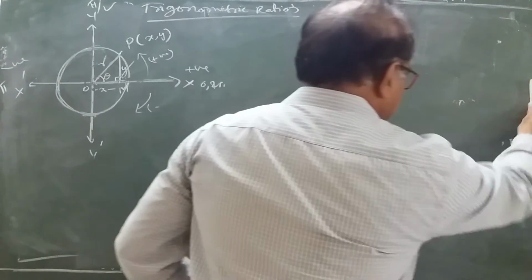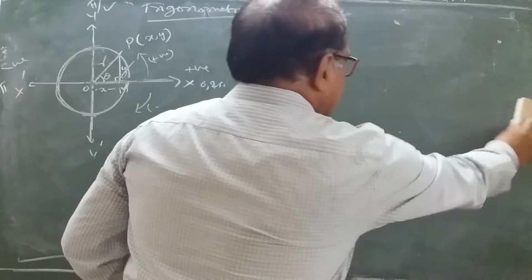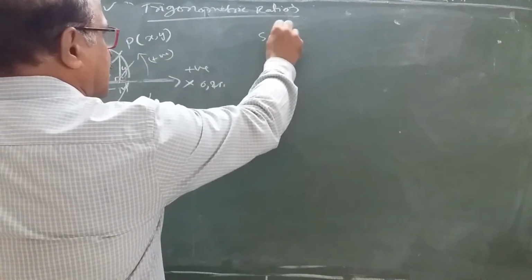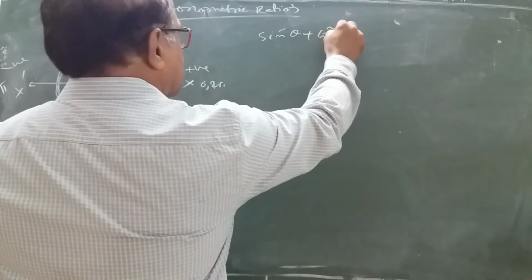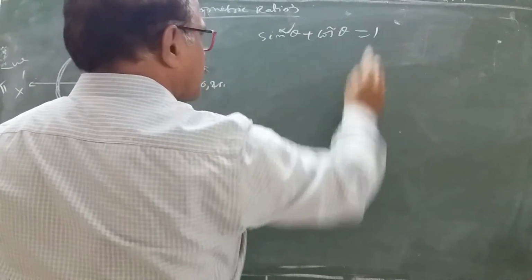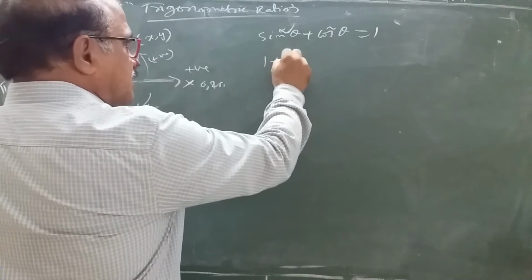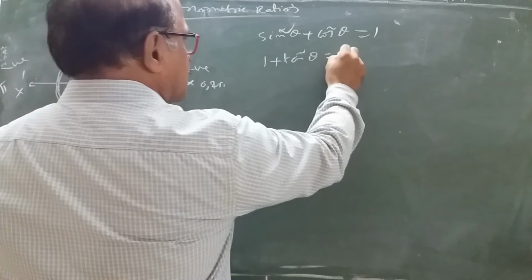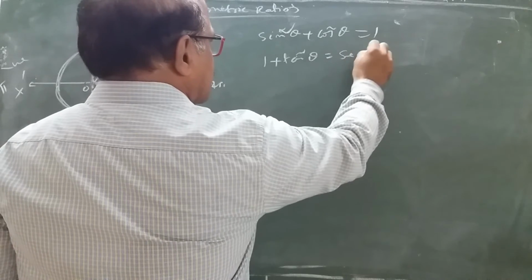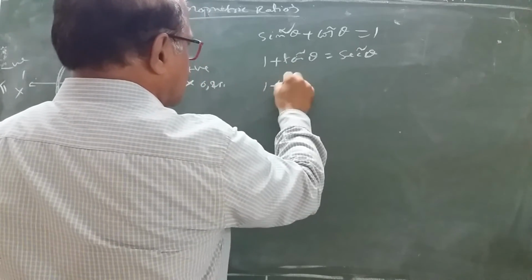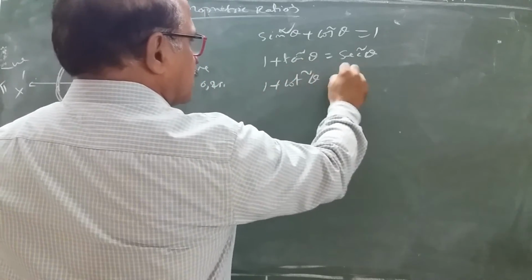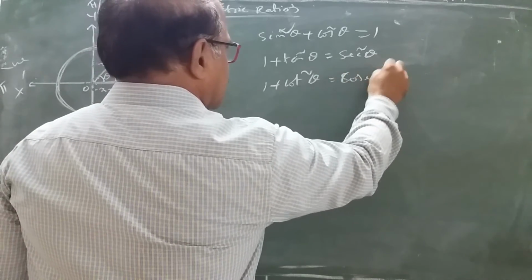we can prove three very important identities: sin square theta plus cos square theta is equal to 1, 1 plus tan square theta is equal to secant square theta, and 1 plus cot square theta is equal to cosecant square theta.